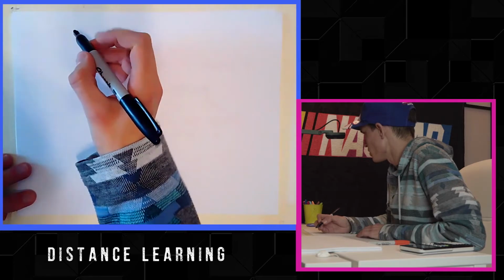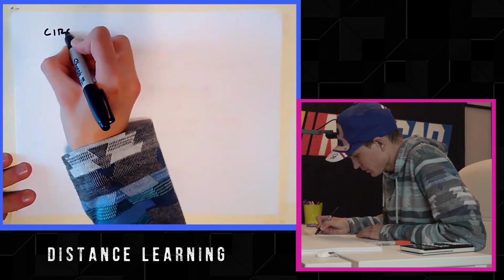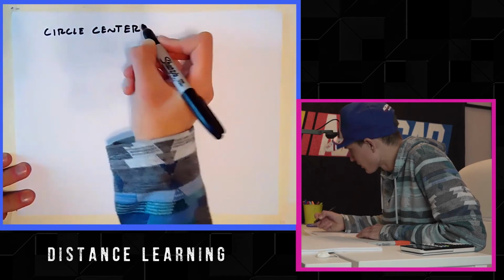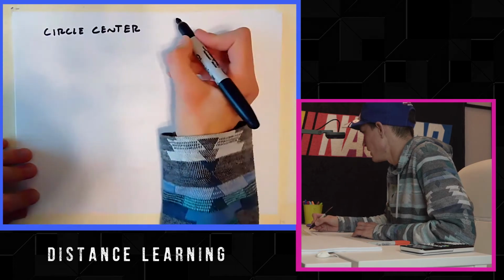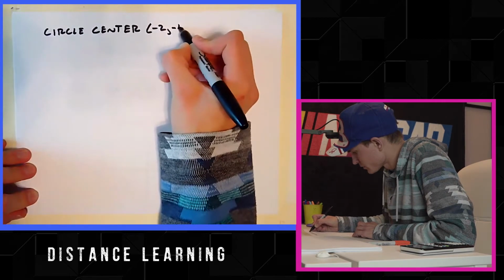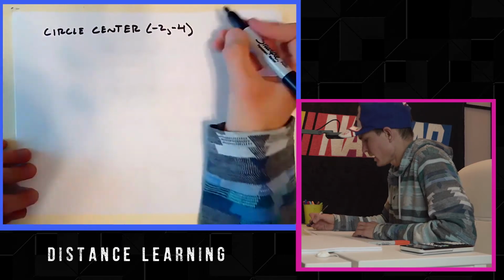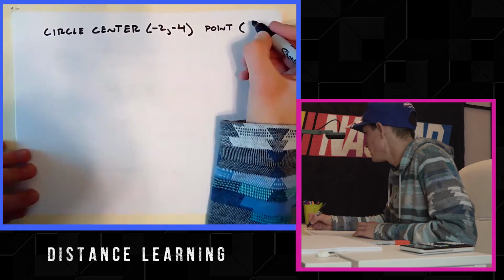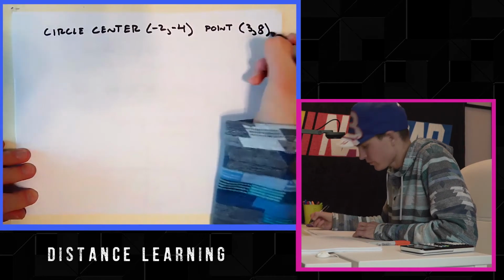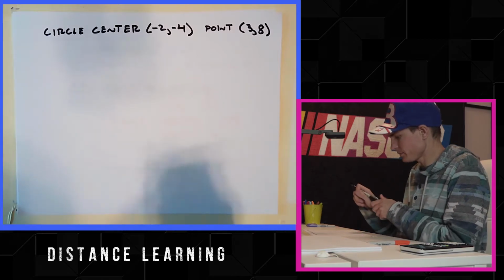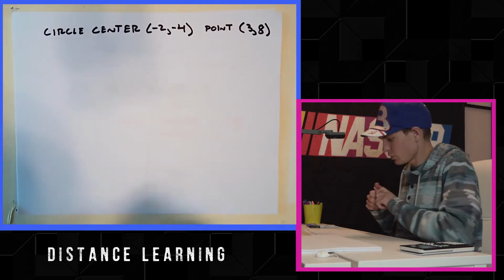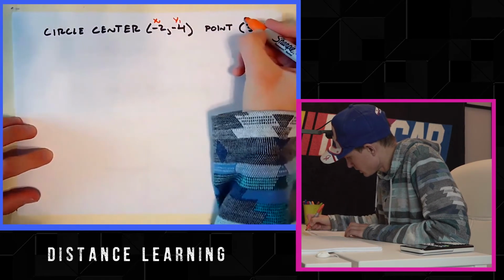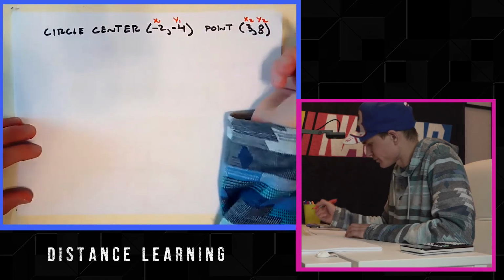It says the circle has center at negative 2, negative 4, and passes through (3, 8). Seems simple enough, right? So, again, the lazy Mr. Hill always labels x1, y1, x2, y2.